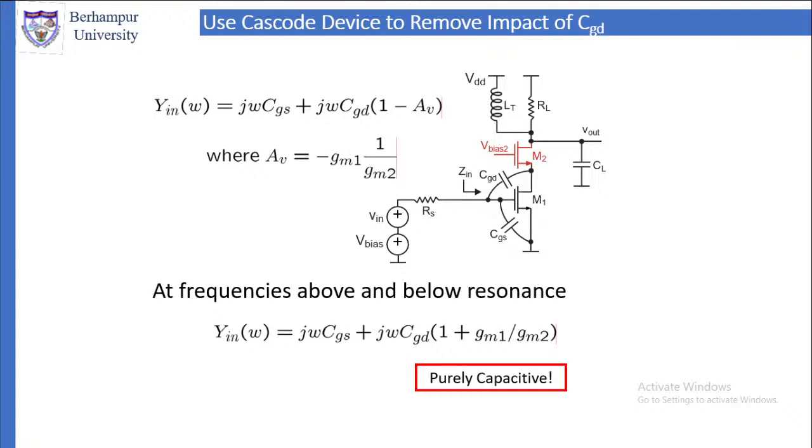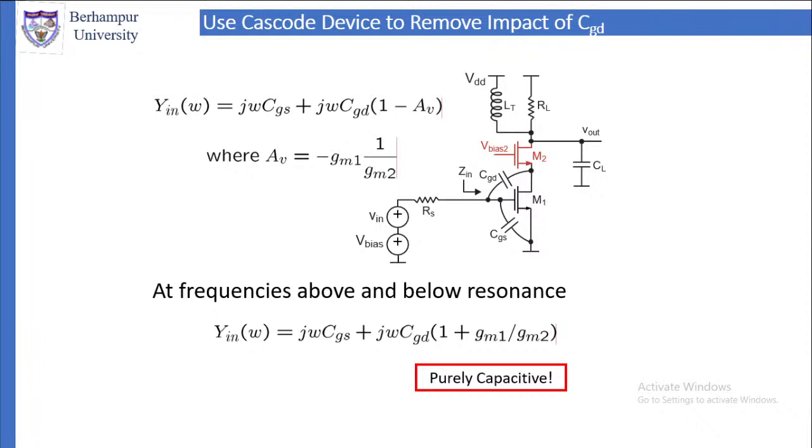At frequencies above and below resonance, at resonance these terms won't be there. For AV equal to minus GM1 into 1 by GM2, Yin is equal to j omega CGS plus j omega CGD into 1 plus GM1 by GM2.